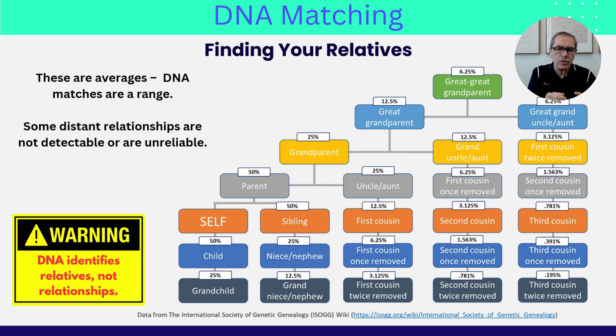The companies that do DNA matching match your DNA to people that have submitted their own DNA, and they'll give you a percentage match. These are approximates, and most companies now will give you what they think it should be, whether it's first cousin or second cousin, and they'll give you a bunch of alternatives. Then it's up to you to tie in your own research to work out where you belong.